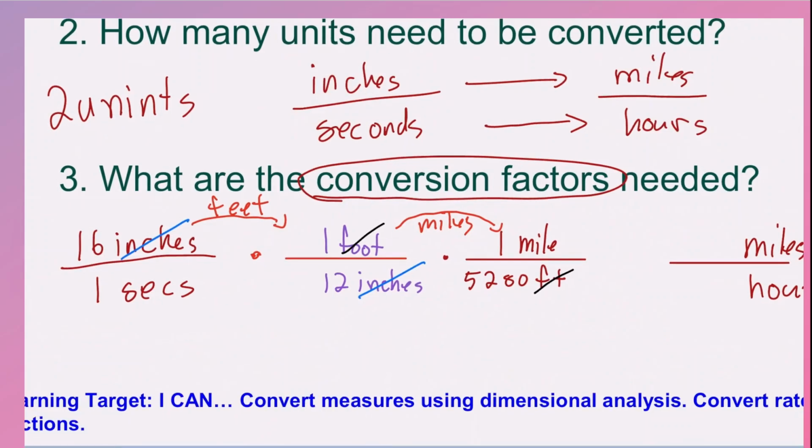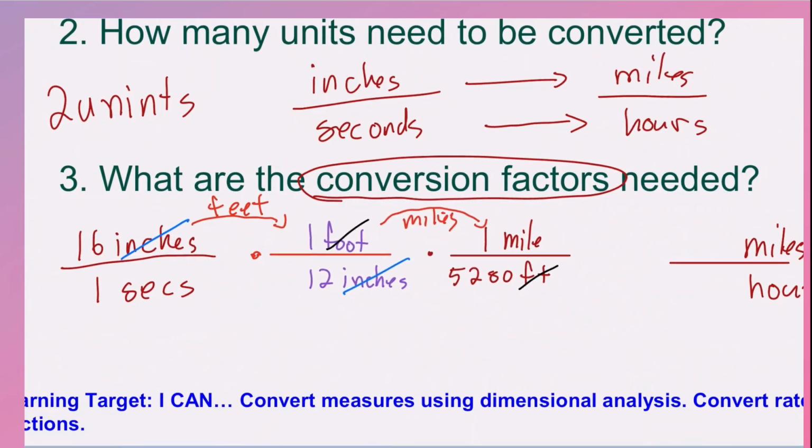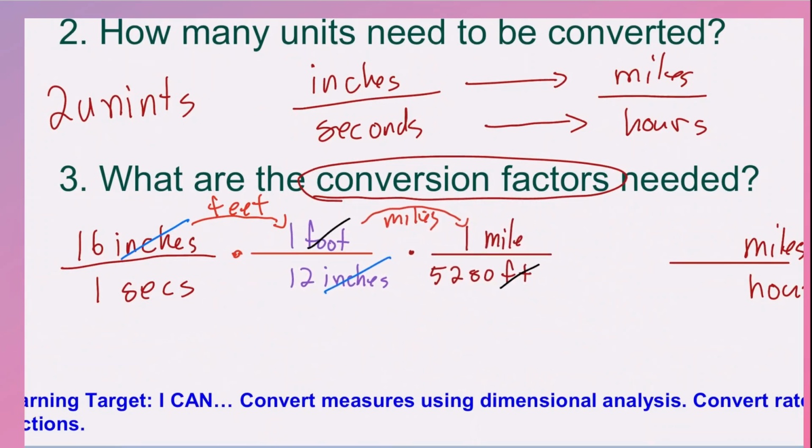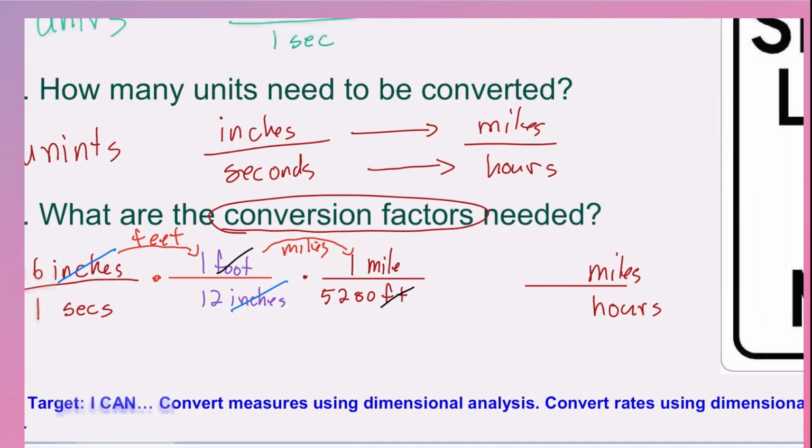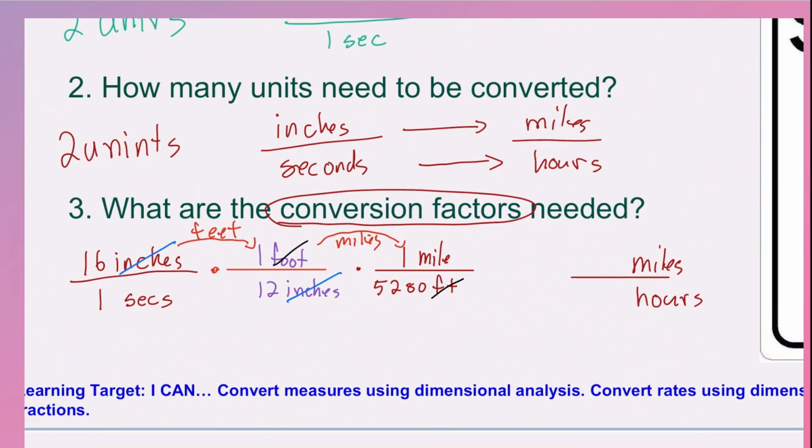The next thing I need to think about is the time. I'm trying to convert seconds to hours, so we need to think about everything in between seconds and hours. First, I'm going to change seconds to minutes. I'm just going to add this to the list; we're going to have one long list here.